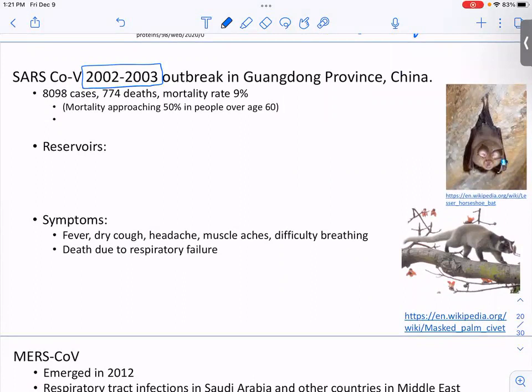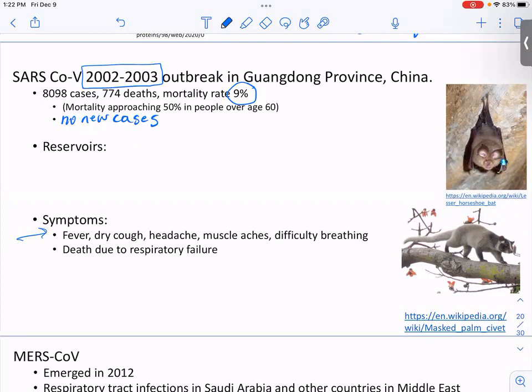So no new cases since 2003. It had a little bit higher mortality rate than COVID, about 9%. This infection, there weren't really mild cases. If you got it, you were really, really sick. Some of the same symptoms as what we see with COVID. People died just from respiratory failure.